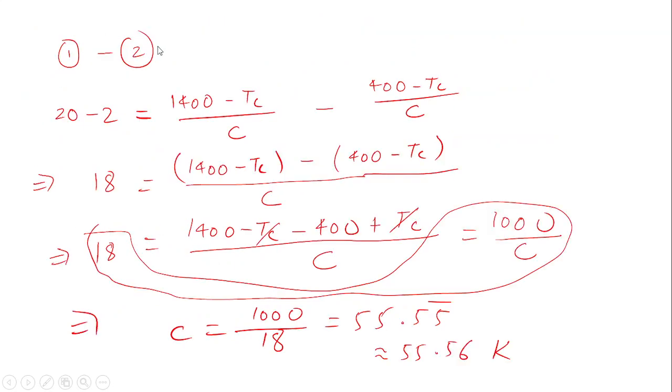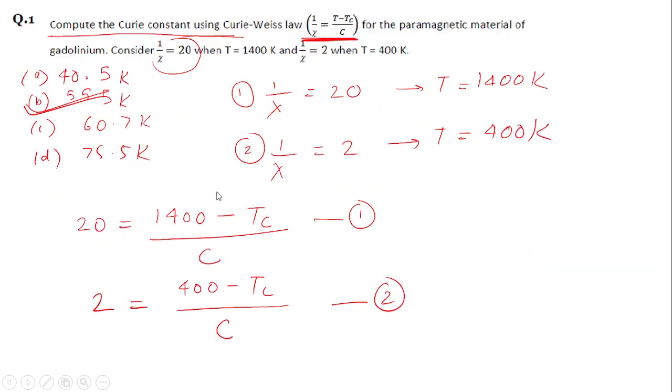So here when we subtracted this TC, we could eliminate, and then the equation was in terms of C. So a similar situation you can get where maybe you need TC, then maybe if you divide by C, we can get rid of this C. So you have to see what works well.